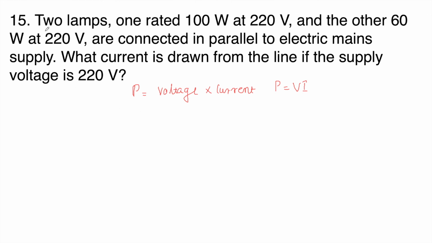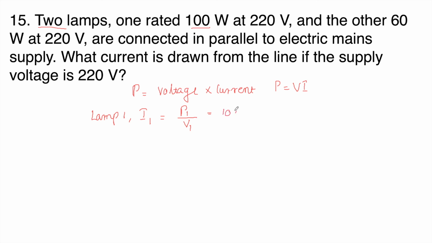So two lamps are here. In lamp 1, that means I1 is equal to P1 by V1. From this formula we can calculate the current here, and P1 is 100.